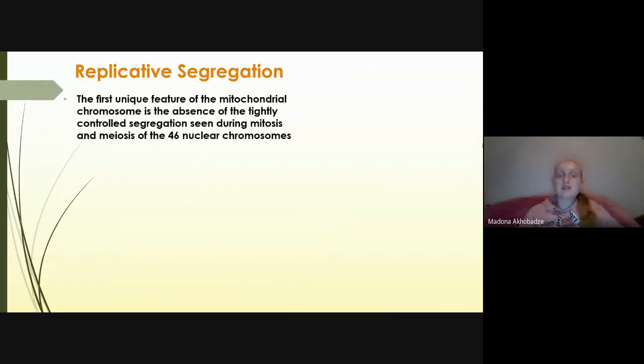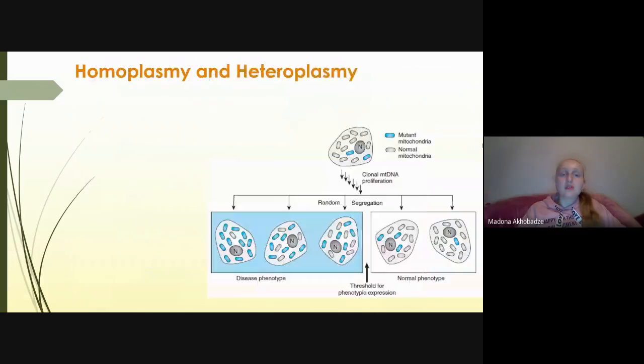So it's a replicative segregation, which determines which mitochondrial genomes are passed on to the offspring, and we've got homoplasmy and heteroplasmy. You see here, these blue ones are affected ones, and these are normal ones. Blue ones are the majority here in one type of cell.